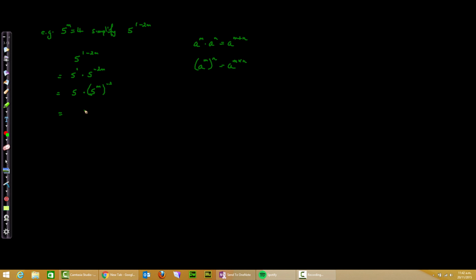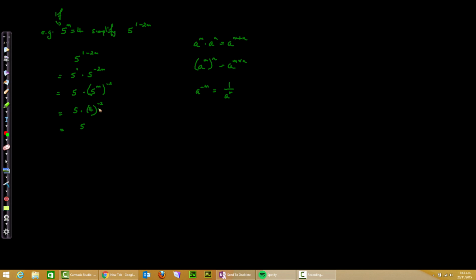Well, this is looking pretty good, because now I've got 5 to the power of m, and we're told that's 4. So if that's true, well, this means I've got 5 times 4 to the power of negative 2. And let's not grab the calculator. Let's remember that something to a negative power is 1 over a to the power of that positive power.